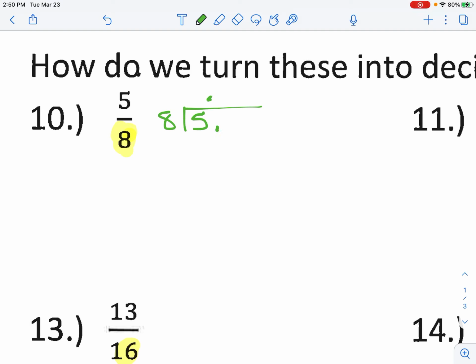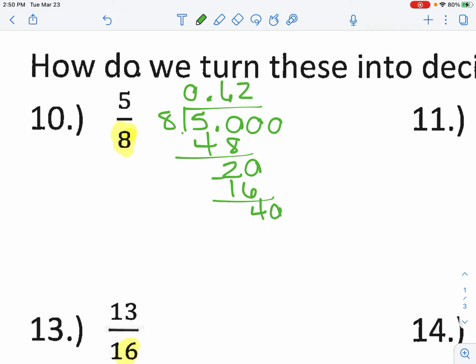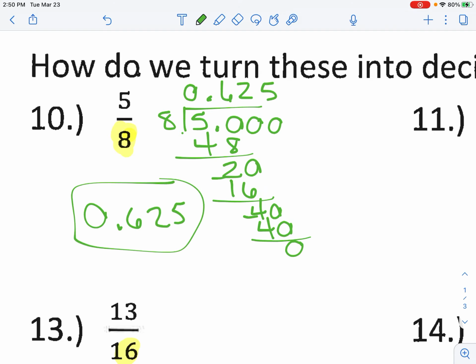We're going to add a decimal and 3 zeros. You can stop dividing when you get a 0 remainder or when you realize your decimal is going to repeat. So 5/8 is equal to 0 and 625 thousandths.